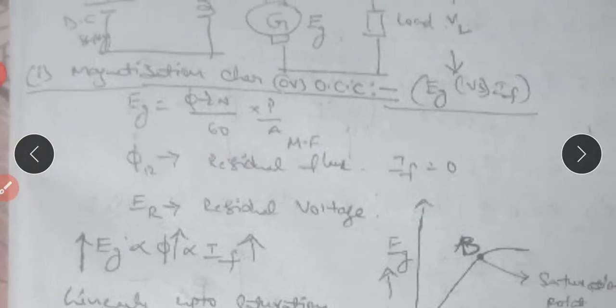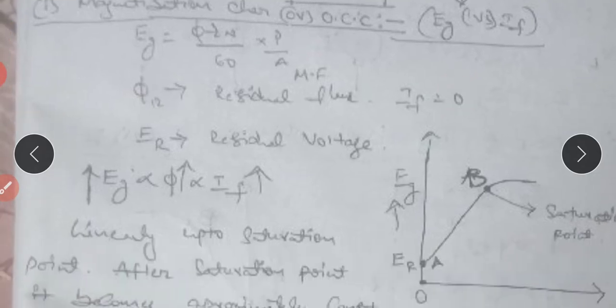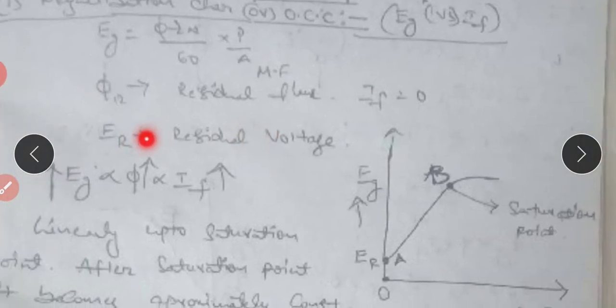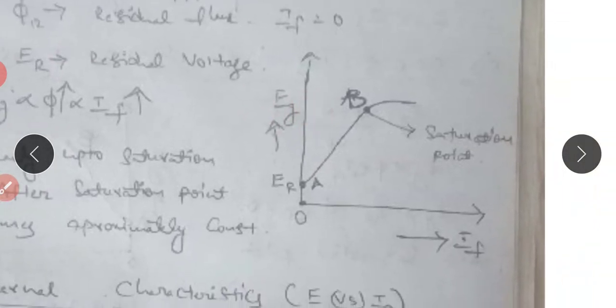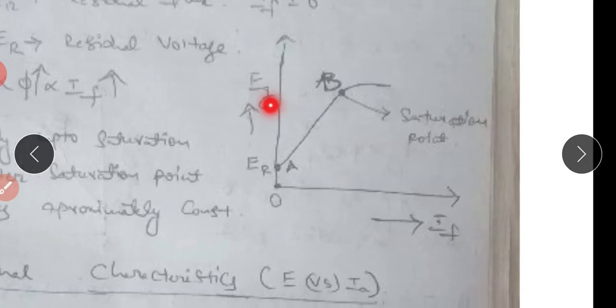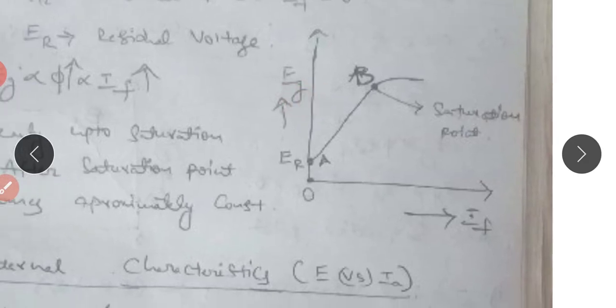Due to this residual magnetic flux, at field current equal to 0 the armature still generates some small amount of voltage. This voltage is called residual voltage, equal to IR. Now we draw the graph between Eg, or E0, versus IF. This is the no load generated EMF, the E0 versus IF graph.